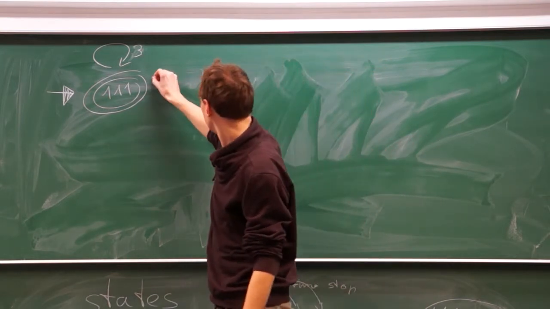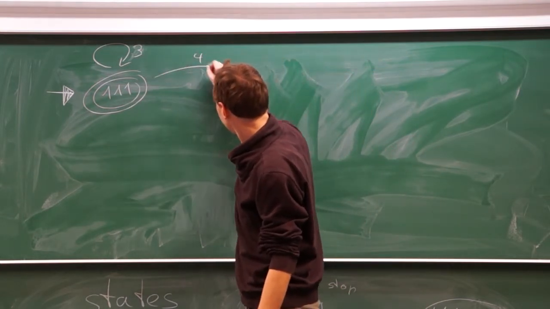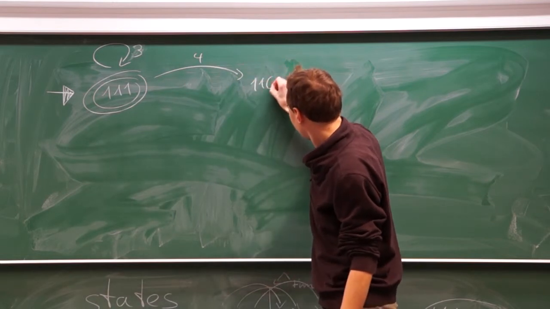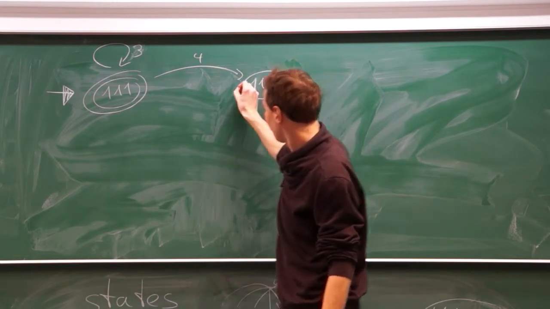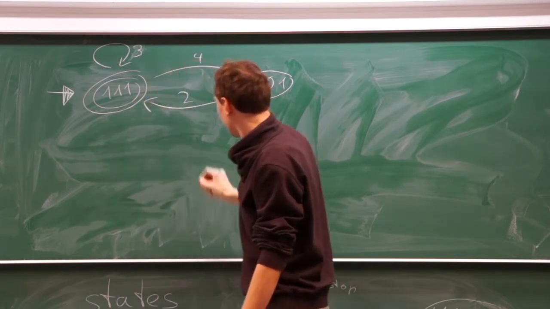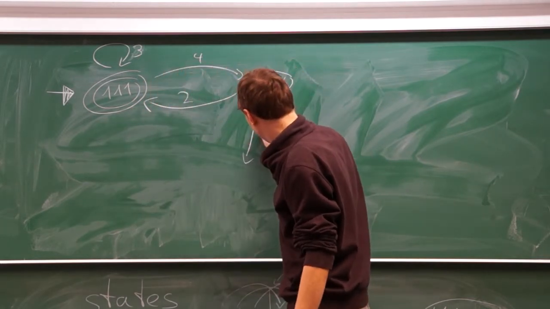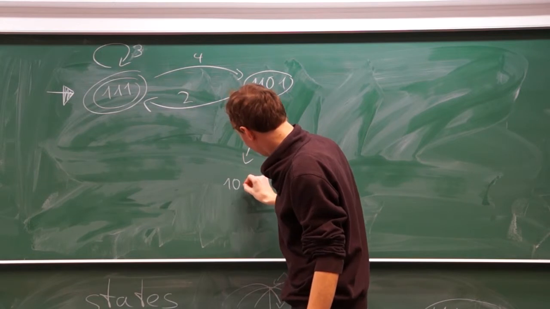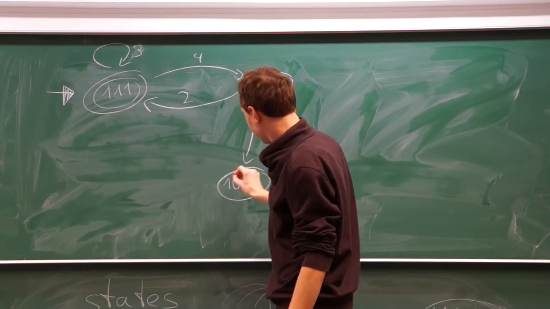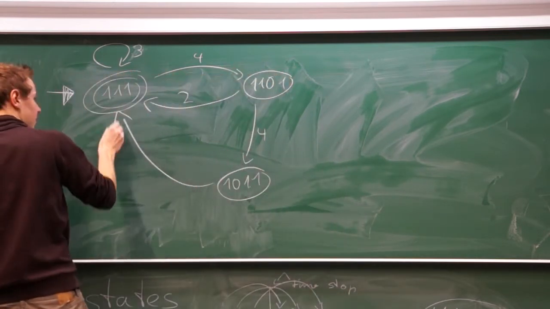And as you see, if I do my 4, I end up in this one. I could go back with my 2, and I could also do a 4, get in this one, and go back with a 1.